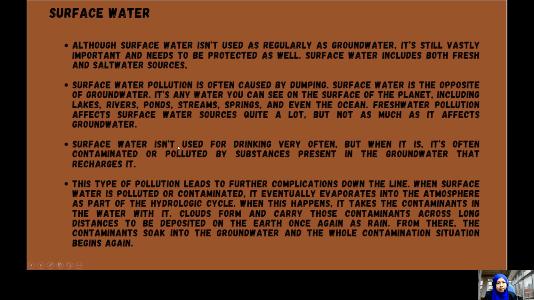Surface water isn't used for drinking very often, but it is often contaminated or polluted by substances present in the groundwater that recharges it. This type of pollution leads to further contamination down the line.